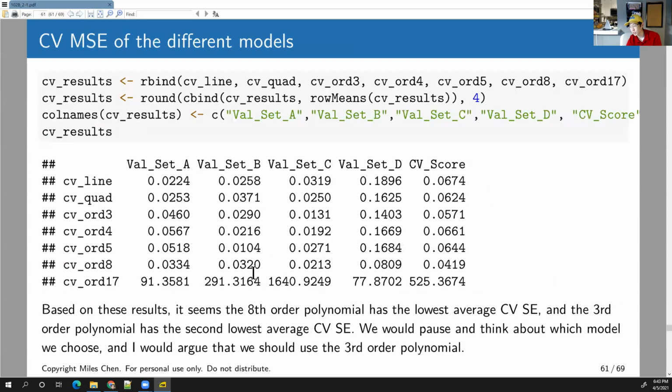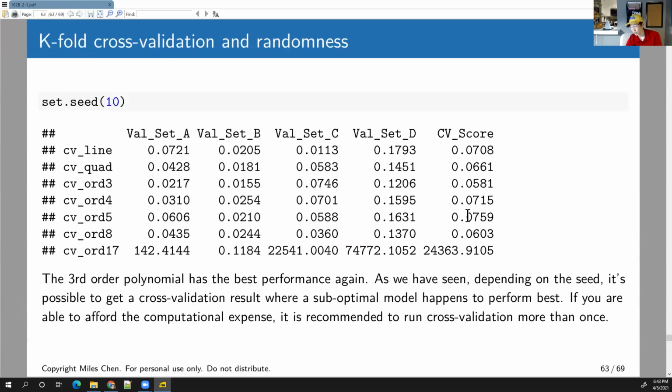I've run this 3 times, and the cubic was 2nd best in one run, and the best in the other two. So overall, we would probably pick the cubic polynomial in this case. Depending on the starting seed, it's possible to get a cross-validation result where a suboptimal model like the 8th order polynomial happens to perform best.